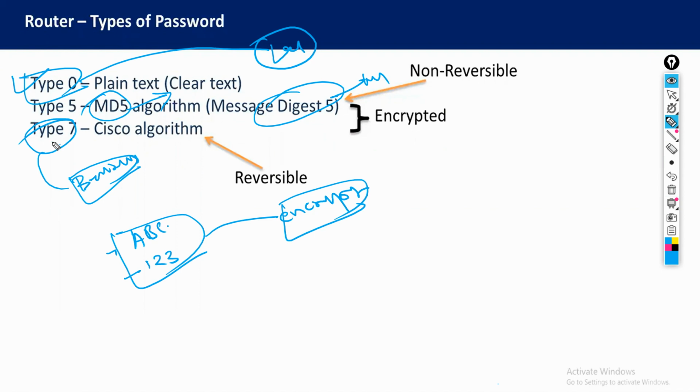Then what is the use of type 7? By using type 7, we can encrypt a type 0 password, but as I said, both of these are breakable; we can break the password. I'll show you how to break the password as well.